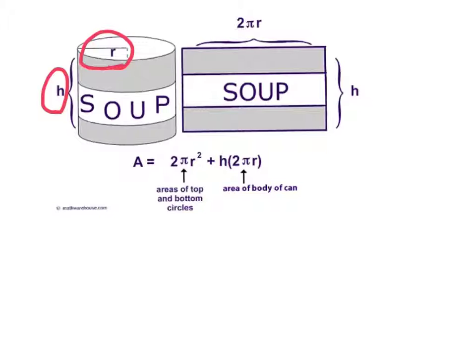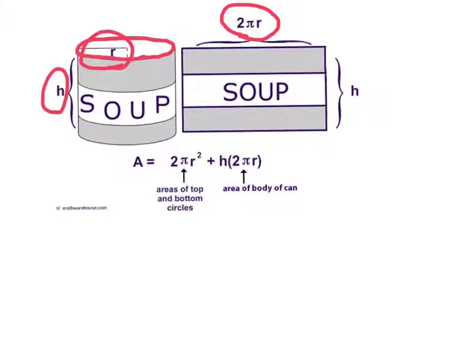And then notice that the height of the rectangle is the same as the height of the cylinder. But then notice that the length of our rectangle is equal to the circumference of our circular face.